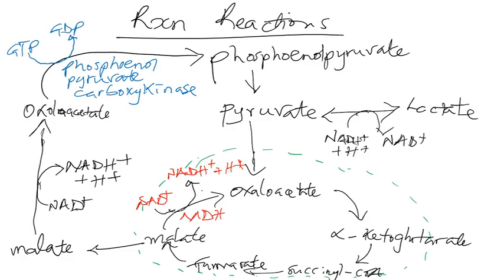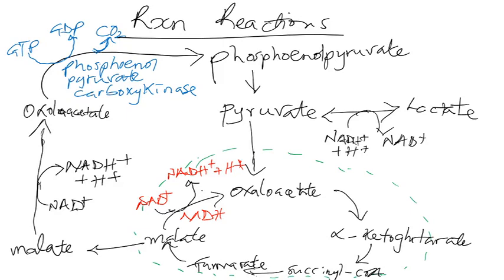And carboxykinase actually removes one carbon atom as a CO2. Okay, so the whole process here really is just to show how we are getting back the carbon atoms that we took into the citric acid cycle.